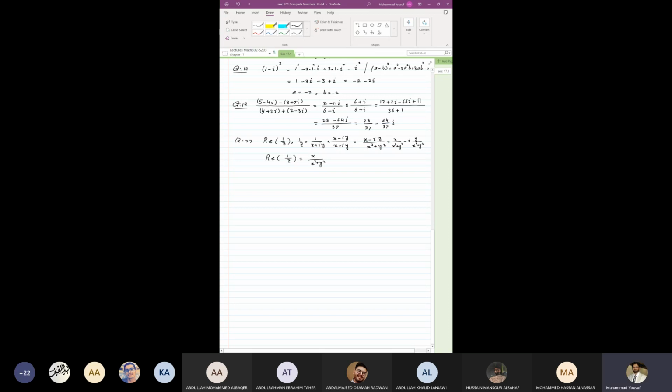And similarly, the real part of z square, that is z multiplied by z, or the imaginary part of something, similarly we can get whatever it is. If we have, for example, z plus 5 times z bar, what is its absolute value?